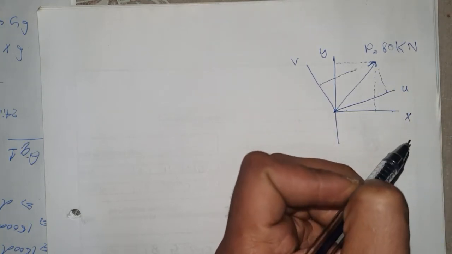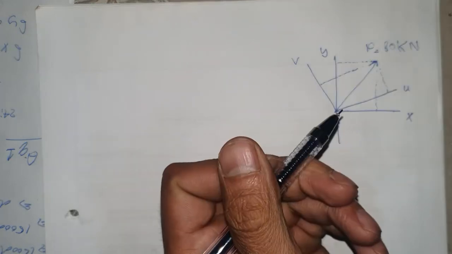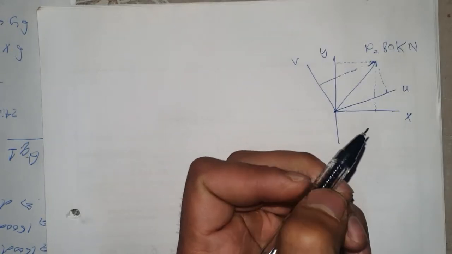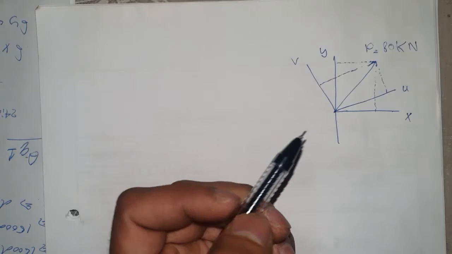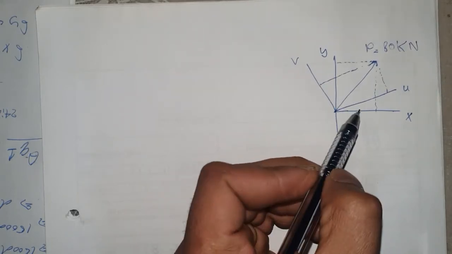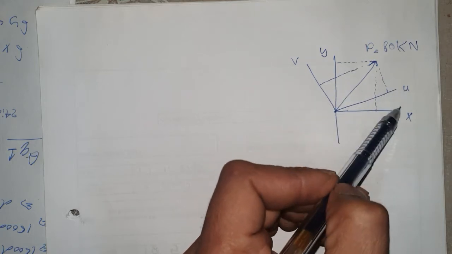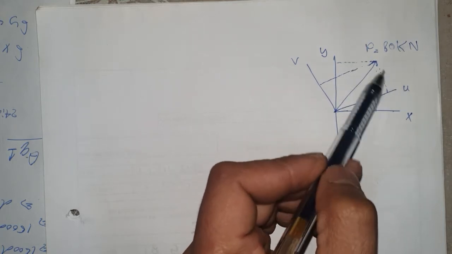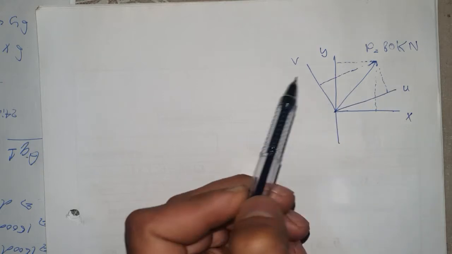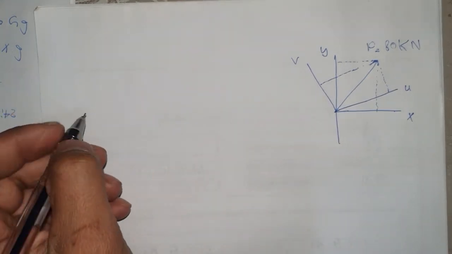So we have two different sets of axes and we will find four components: px, py, pu, and pv.